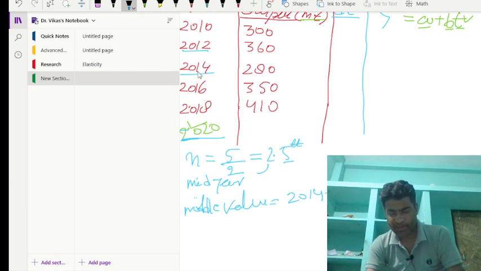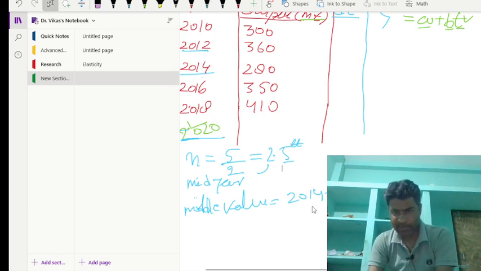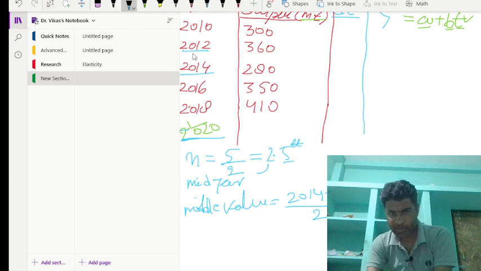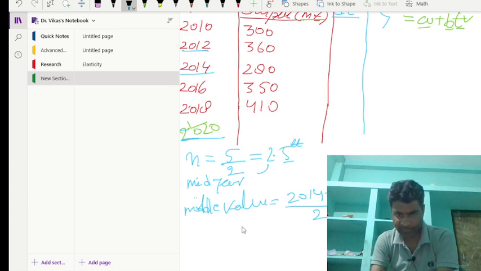We will need to take both the third and second observation time periods, subtracting the values and dividing by 2. Here we have taken the 2014 year and 2012 because the 2.5 value lies between 2012 and 2014. So 1 is the middle value.